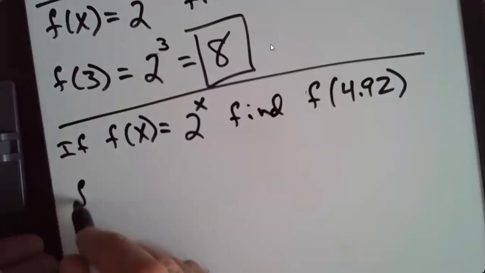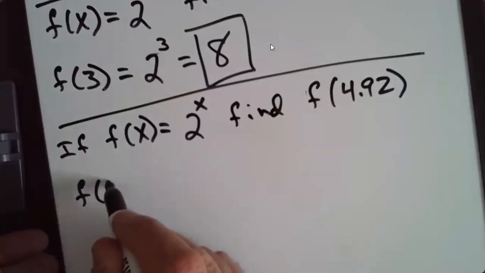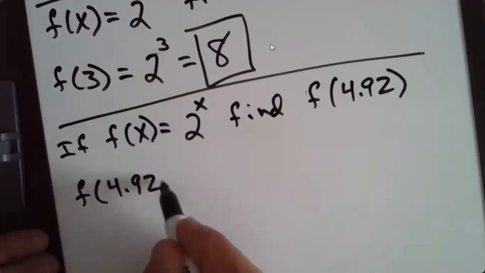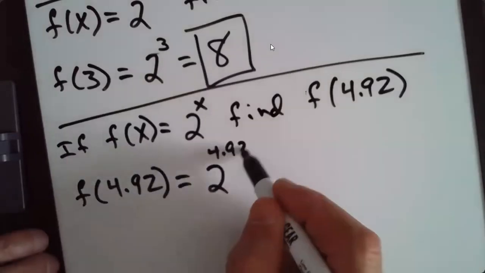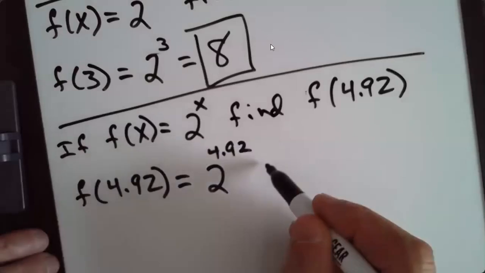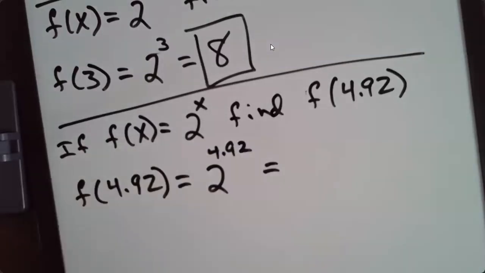So this will be f of 4.92 equals 2 to the 4.92 power. So you have to use your calculator. Okay, so you can use the calculator on your cell phone.